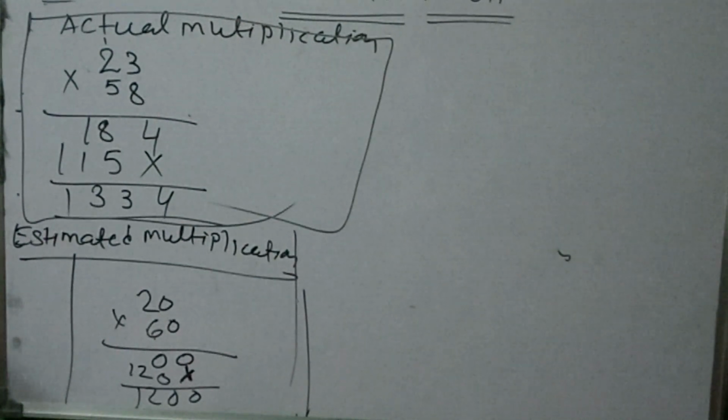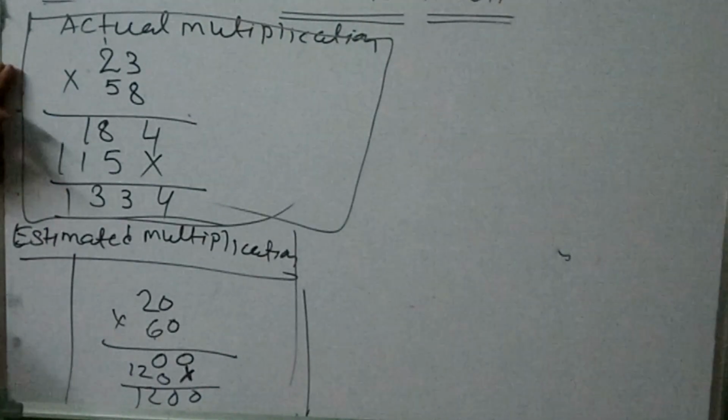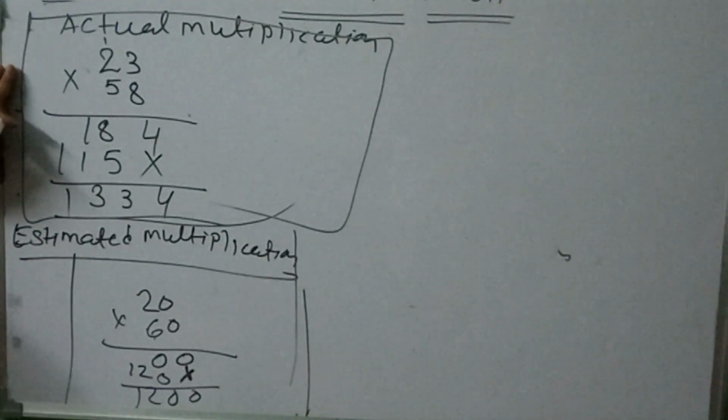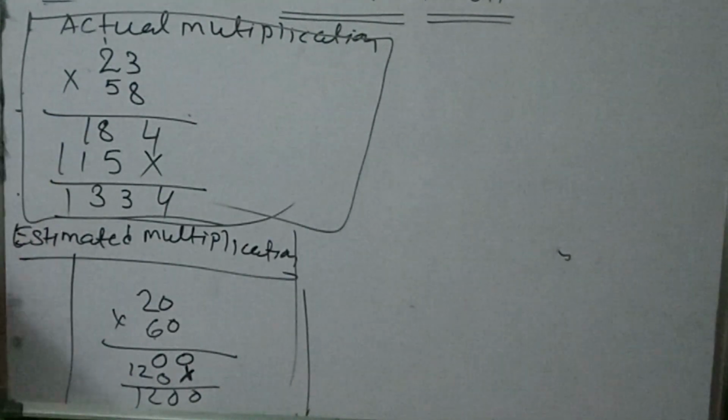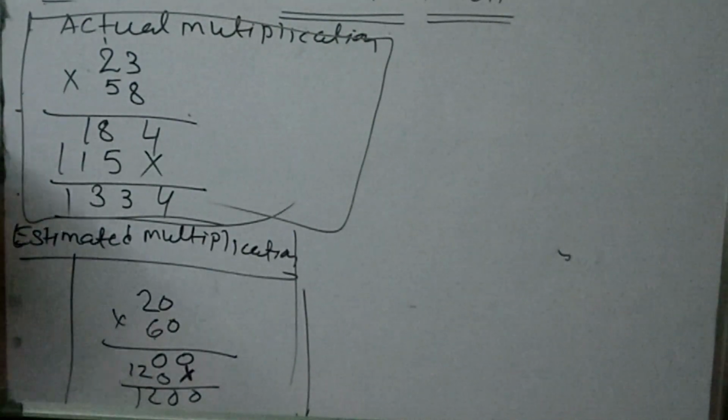Now the second one: find the estimated product and actual product by rounding off to the nearest 100.